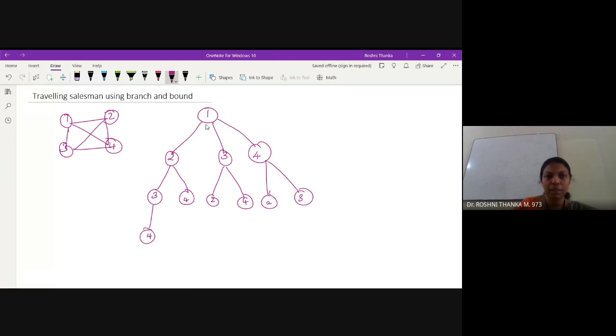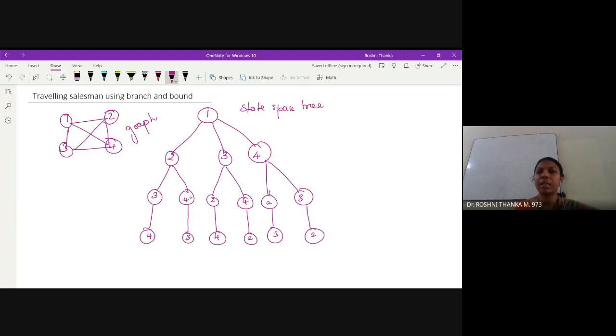In this path, 1, 2, and 4 are there, and the left out node is 3. Similarly, here the left out node is 4, here it is 2, here it is 3, and here it is 2. So this is the state space tree for this particular graph.